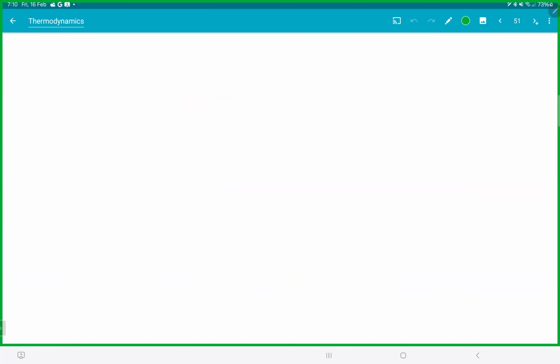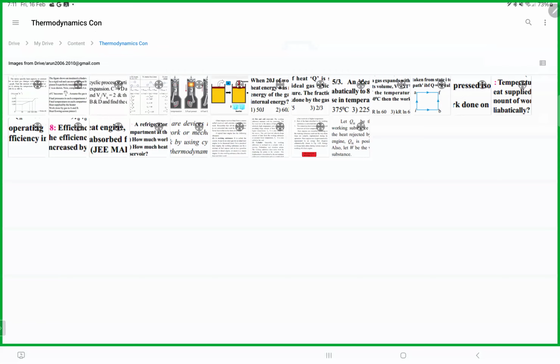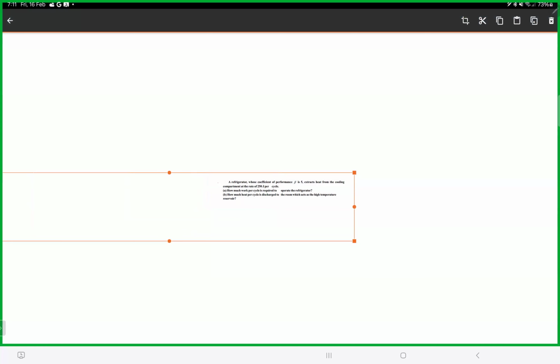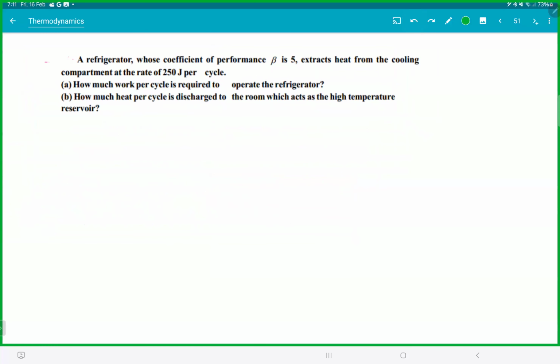Let's see a question on this. Let's get this. You can copy this formula if you want.